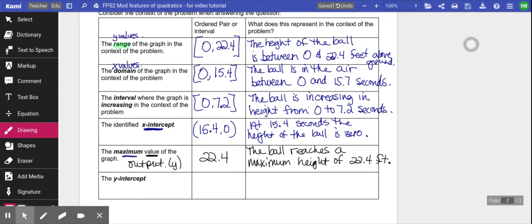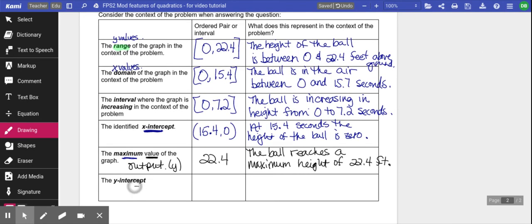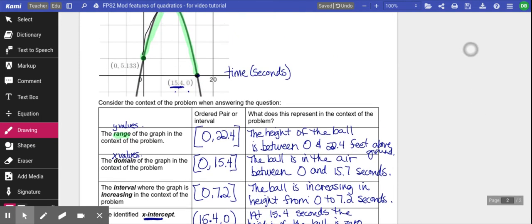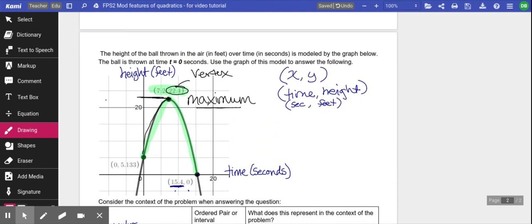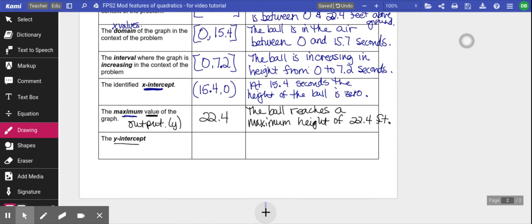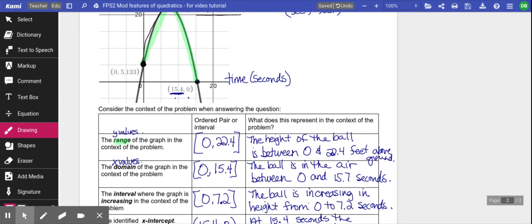And finally, the last thing we're asking for here is the y-intercept. Remember, the y-intercept is where our graph crosses the y-axis. So right here. So that is a point on our graph, so it's going to be at 0, 5.113. Okay, remember the y-intercept is an ordered pair.